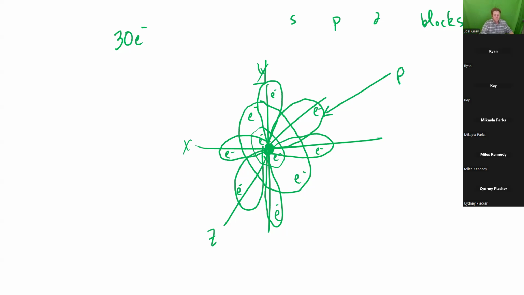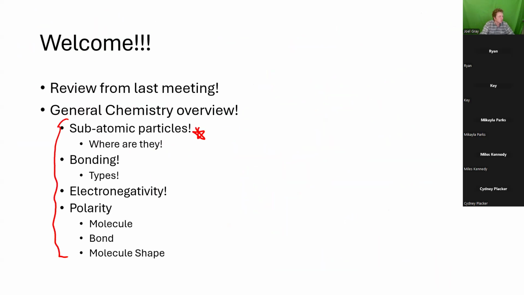Now, this is important because this gives us basically a visual or an organization for where electrons are going to be found. I'm going to jog back a second. We've talked about where electrons are. They're in the S, P, D, and does anyone remember the last subshell?